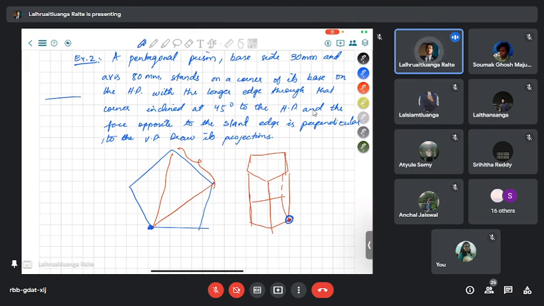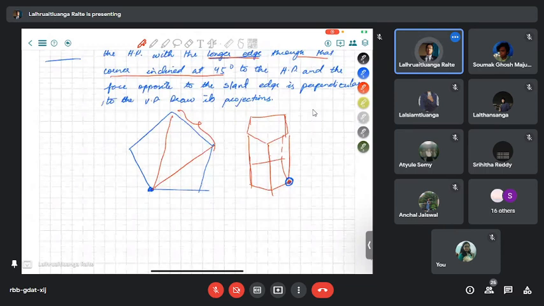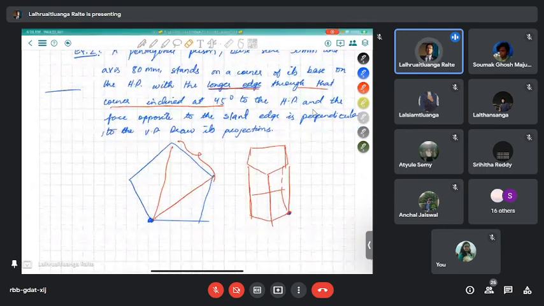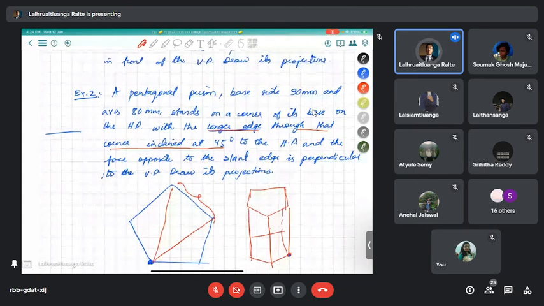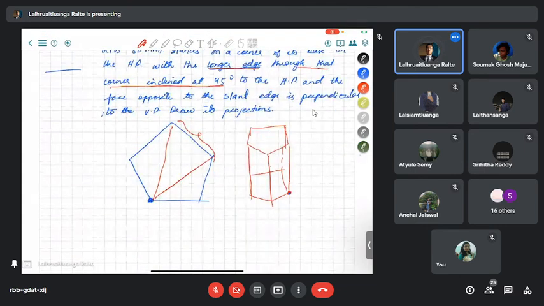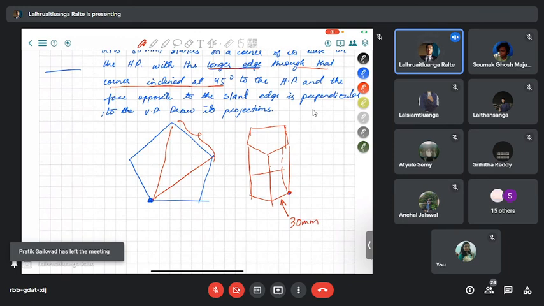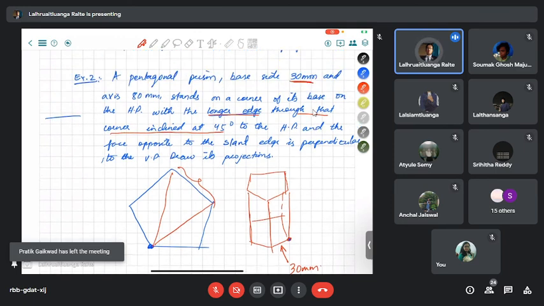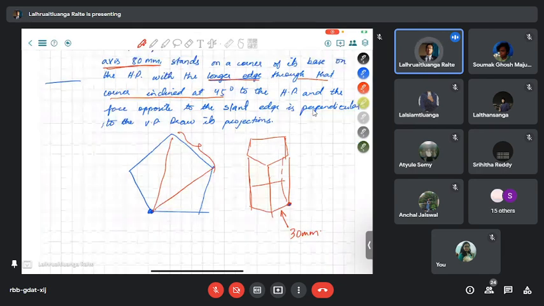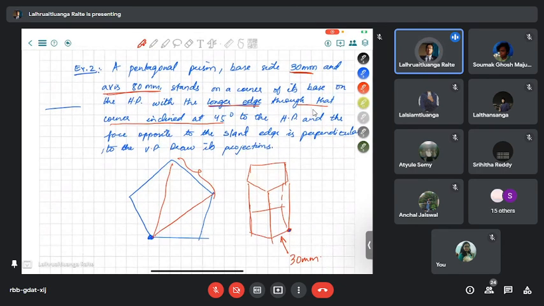And we are saying that there is a longer edge through that corner inclined at 45 degrees. If there is a longer edge, there is going to be a shorter edge, right? So which one is going to be the longer edge? As per our condition, our pentagonal prism has a 30 mm base side, while our axis is 80 mm. In a prism, the axis is the same as the height of the prism. This is 80 mm.